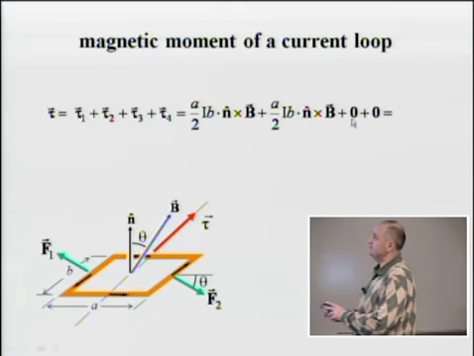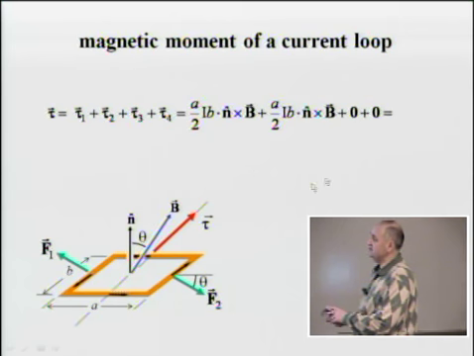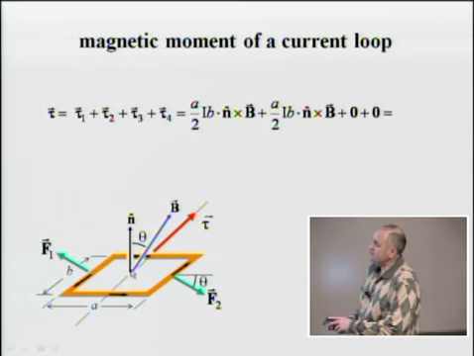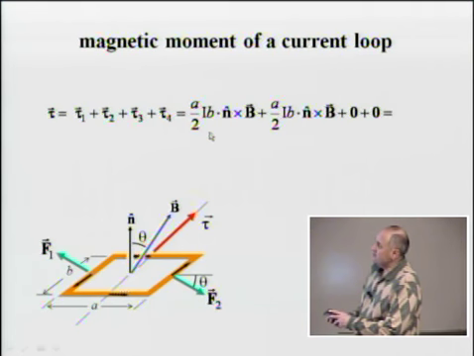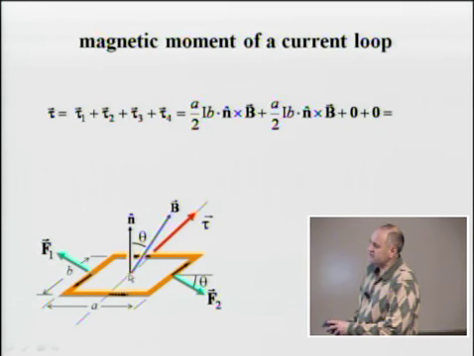All right, so these are the ones which are zeros. Now the ones which are not zeros, well, if I take A over 2, it's the distance from the point about which I calculated the torque to the point where the force is applied.